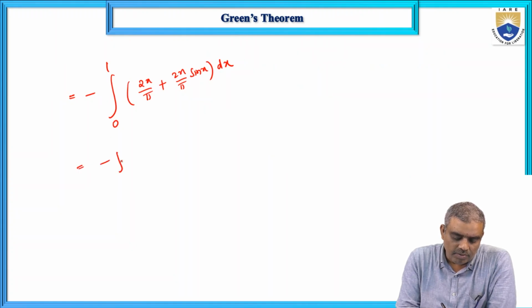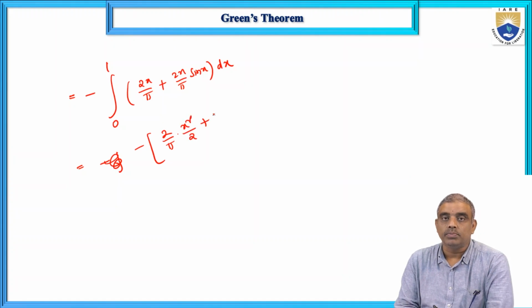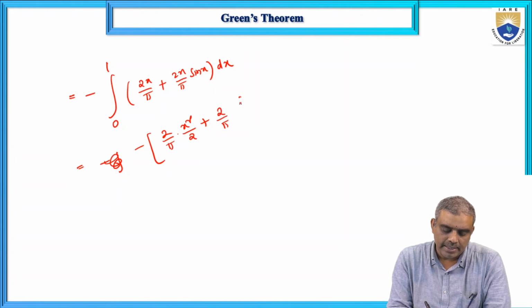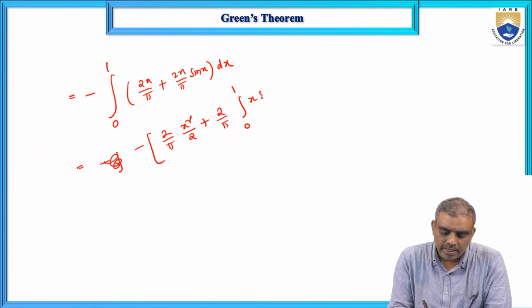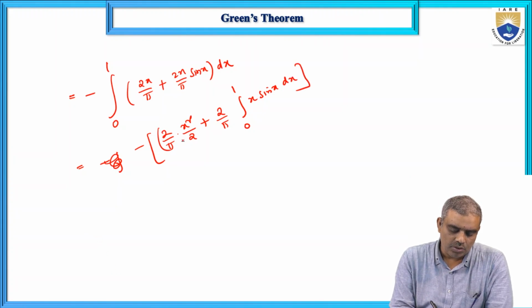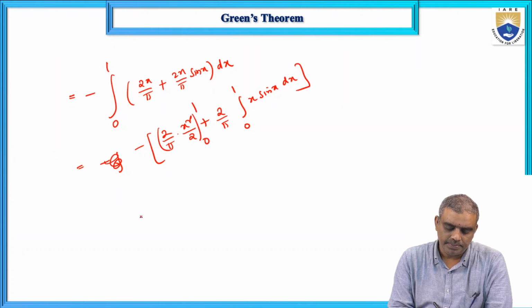So on integrating, what will we get? Minus the integral of 2 by pi into x square by 2, and again 2 by pi constant times the integral of x sin x dx, with limits 0 to pi by 2.